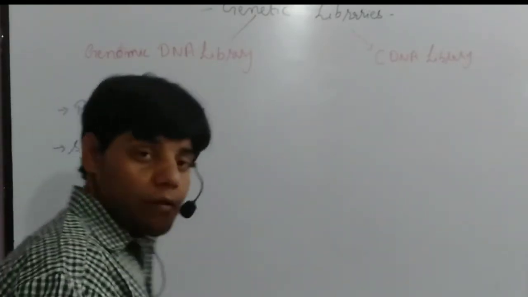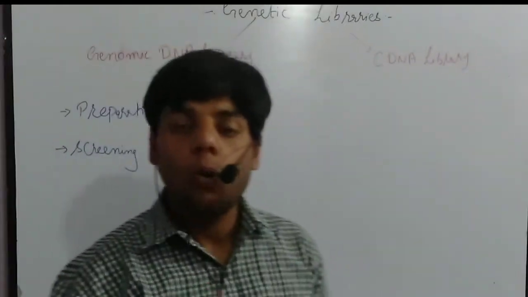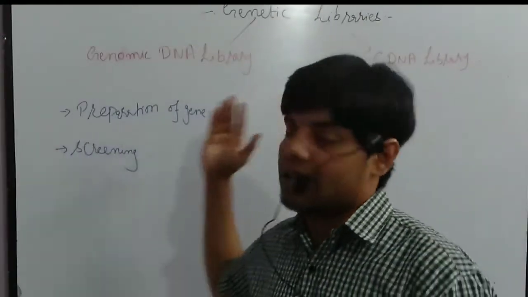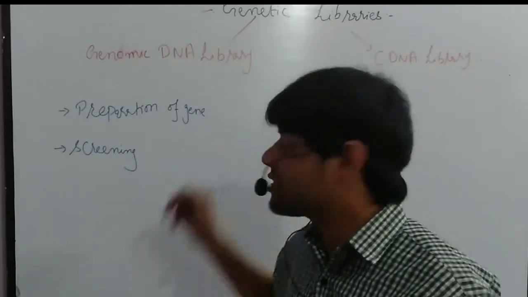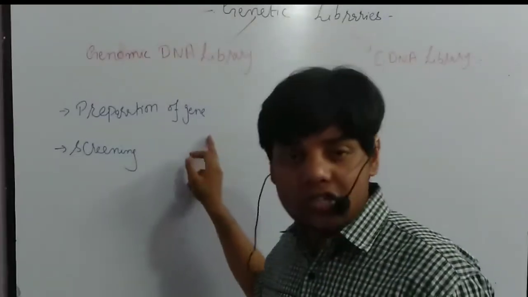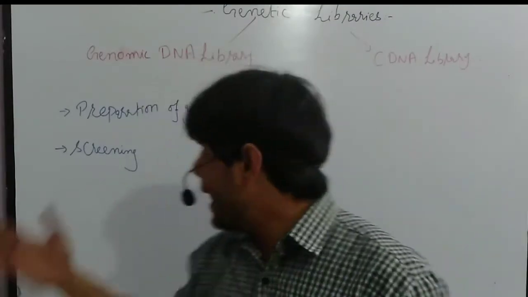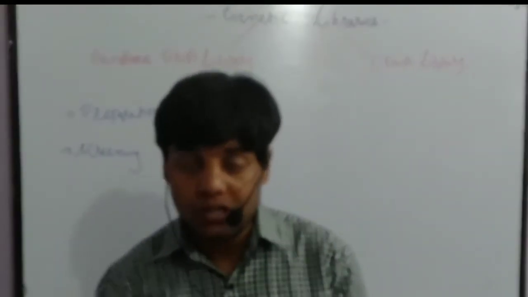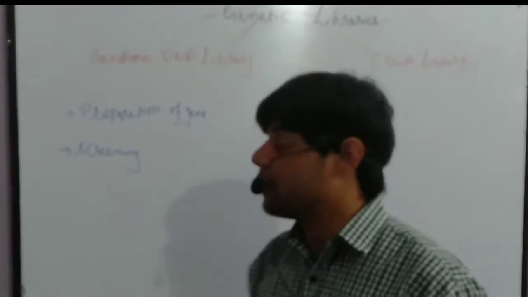By following these two steps we can get the genomic DNA library. But each step is difficult in its own way. Preparation of the gene is difficult, and screening is also difficult. Screening is much more difficult than preparation of the genes.